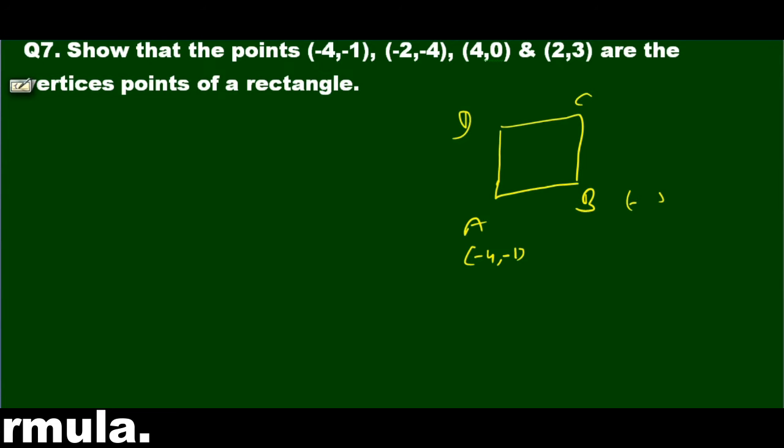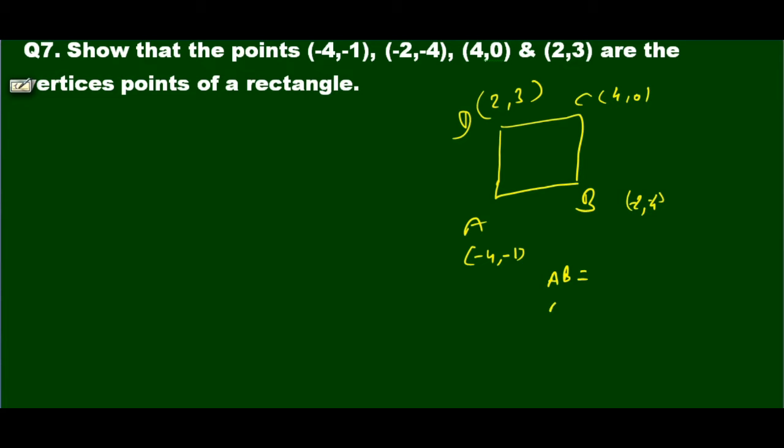Coordinates of B are -2, -4, and coordinates of C are 4, 0, and D are 2, 3, clear. Then find the distances of the sides, clear, means the length of the sides. So find AB, BC, CD, DA, and AC and BD.